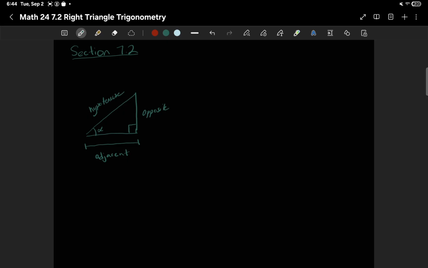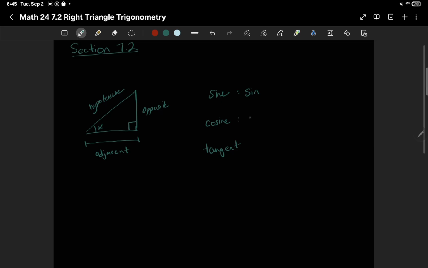So there are three main trig functions. Their names are sine, cosine, and tangent. You may see them quite commonly abbreviated to sin, which is short for sine, cos, which is short for cosine, and tan, which is short for tangent.